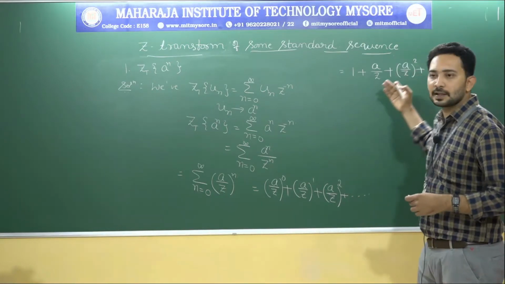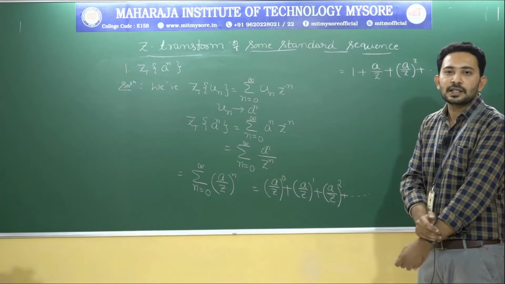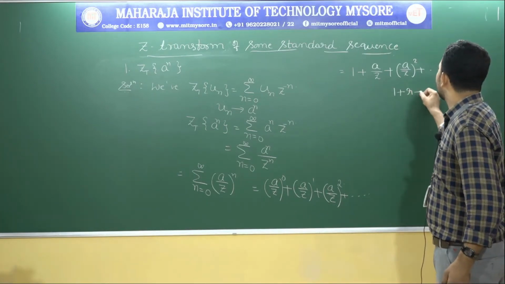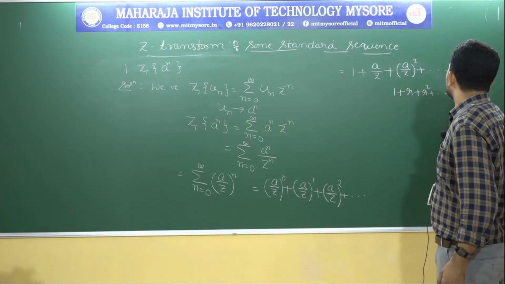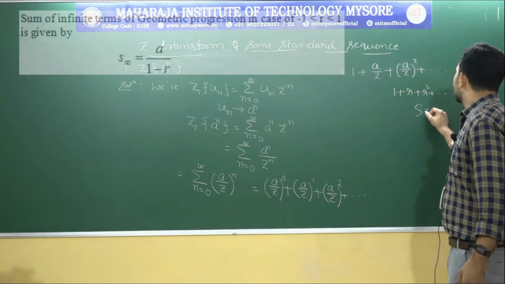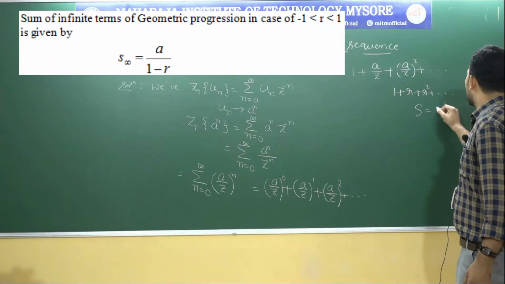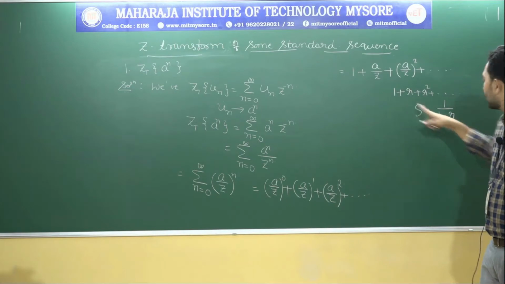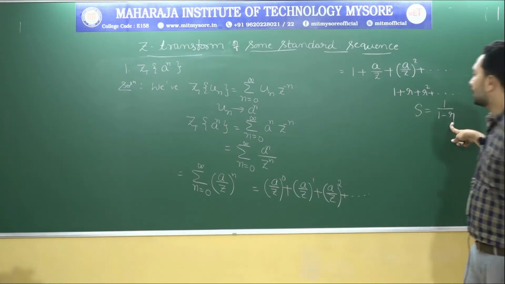So the given thing is in the form of a geometric series, that is 1 plus r plus r square, etc. The sum of a geometric series is defined as S equals 1 divided by 1 minus r. Here 1 is the first term and r is the common ratio.